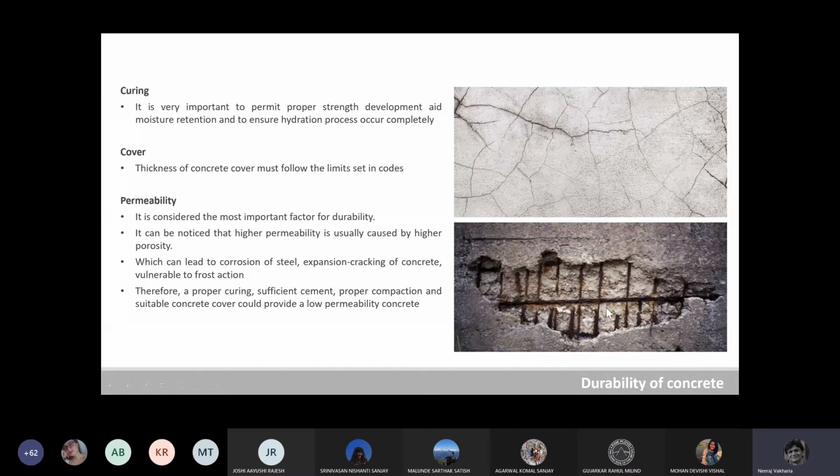Due to the expansion of steel bars, the whole concrete cover patch may drop from the slab or from the columns.